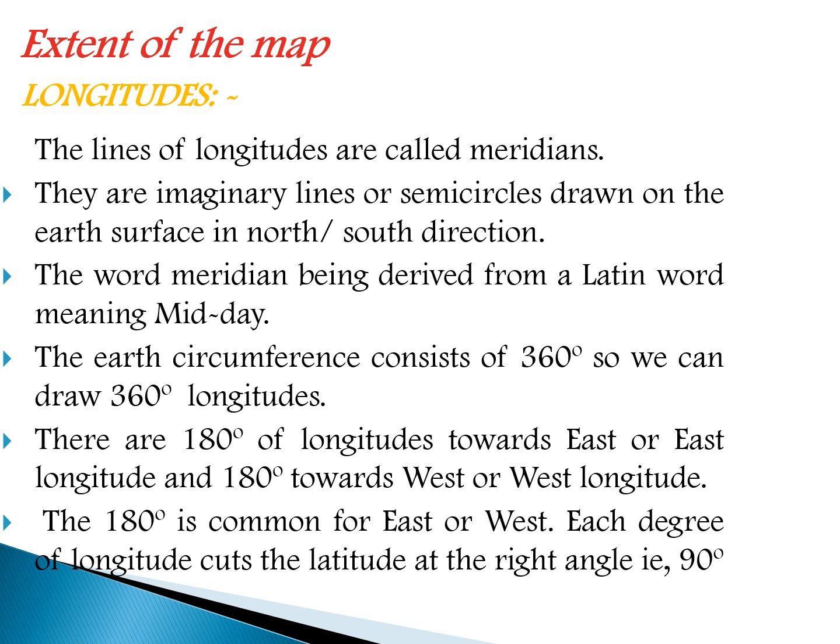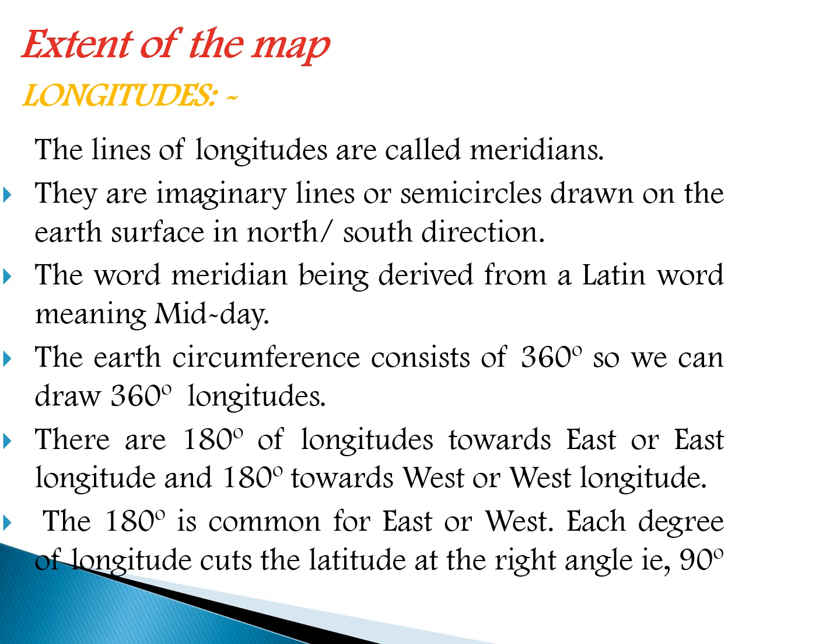This we all know, so we can draw 360 degrees of longitude, and there are 180 degrees of longitude towards the east, called east longitudes, and 180 towards the west, called west longitudes. 180 degrees is common to east and west.